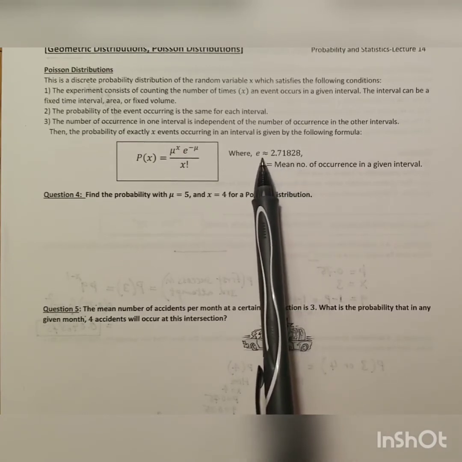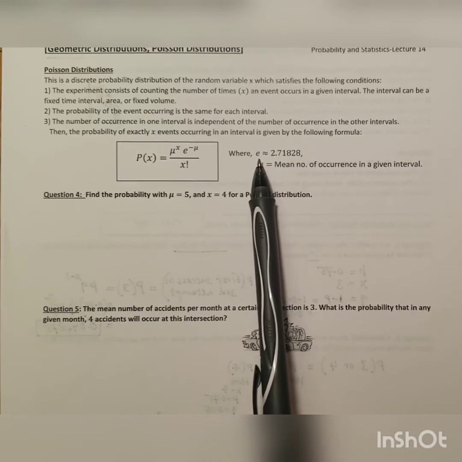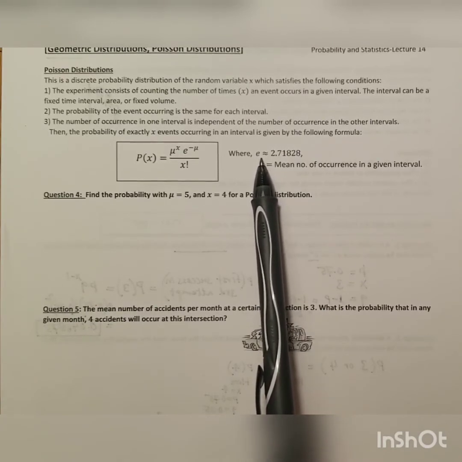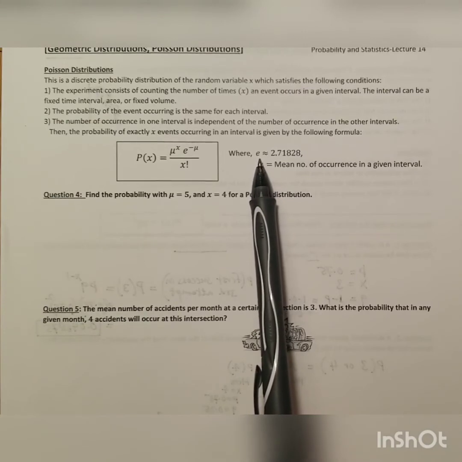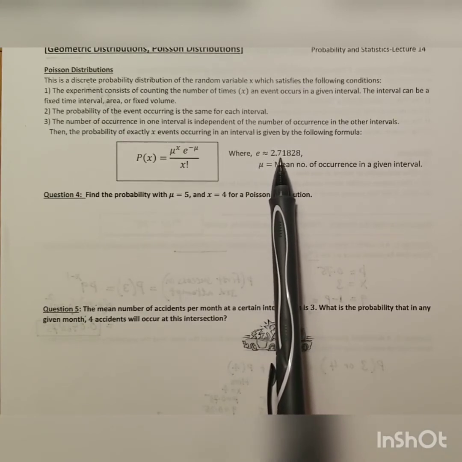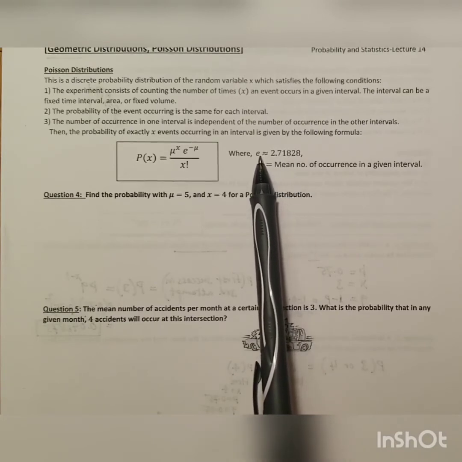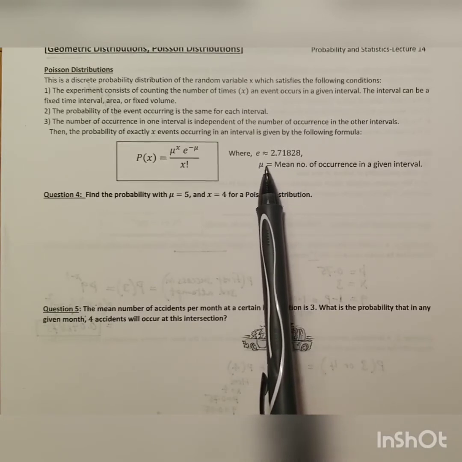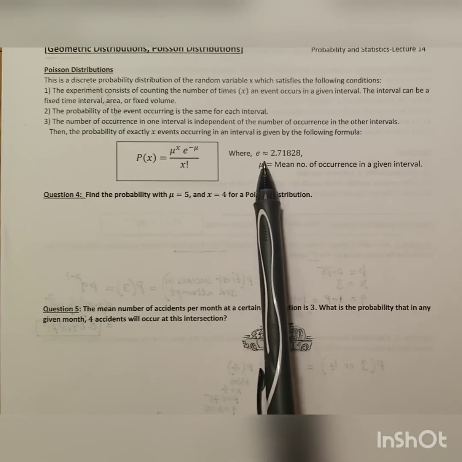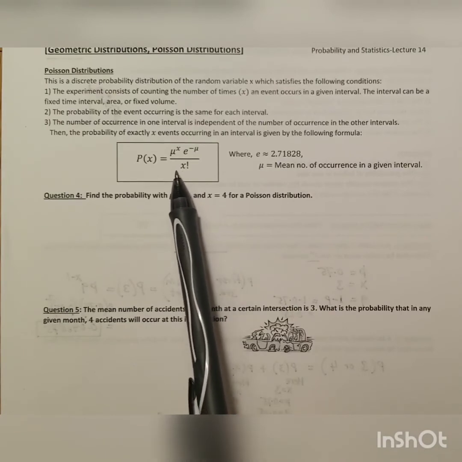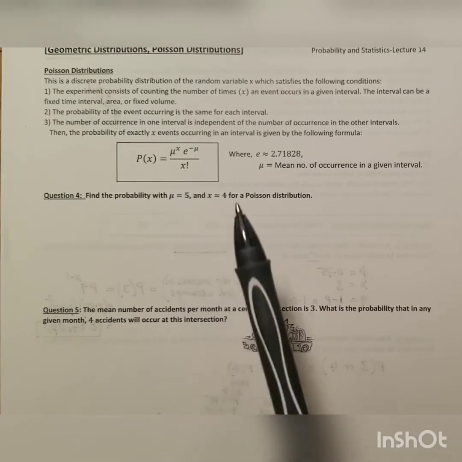This is an irrational number which has many applications, and to use e we round it to a 4 or 5 decimal number, and therefore we use a nearly equal sign, not an equal sign. And this is x factorial, right? We did factorial in binomial distribution, so that is this factorial.